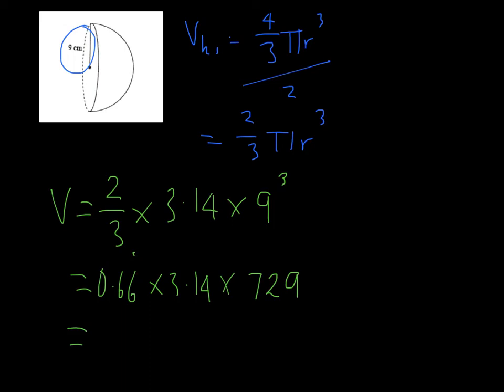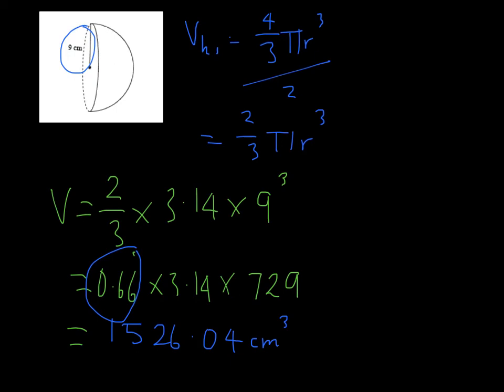If we multiply those together, so 2 divided by 3 gives me my 0.666 recurring, times 3.14, which is equal to 2.093333 recurring, times 729 gives me 1526.04, and that is centimeters cubed.